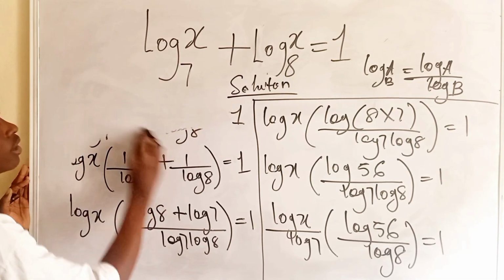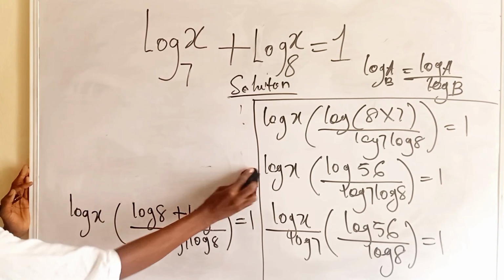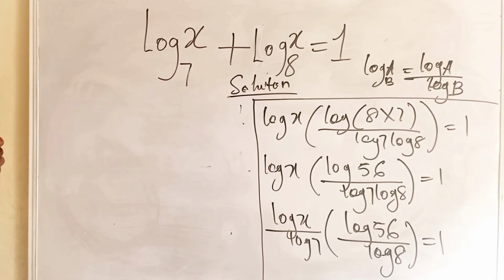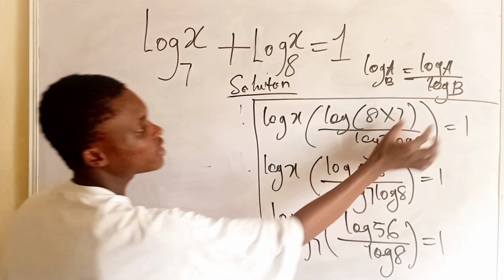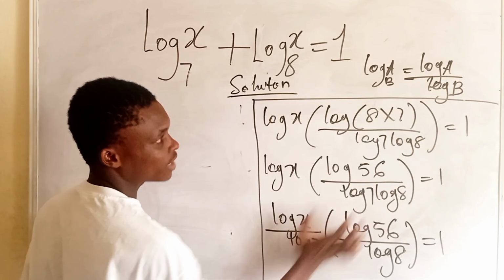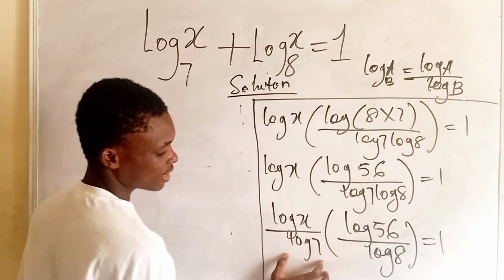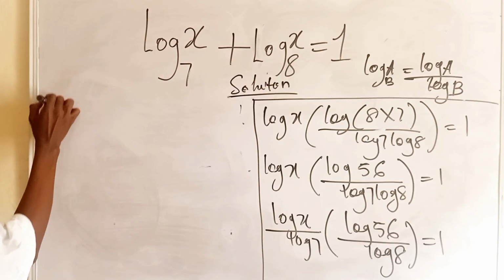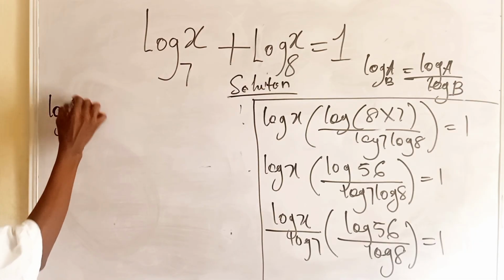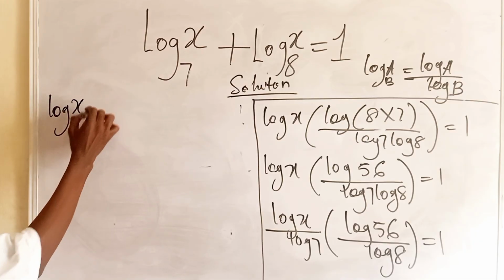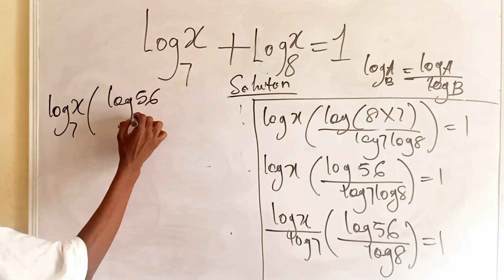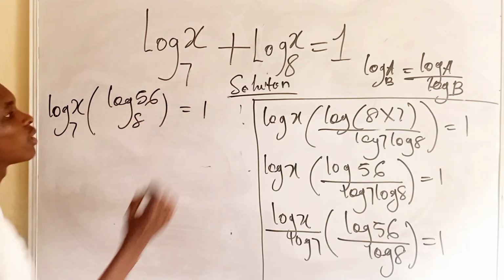So clearly, we can interpret this back to the first thing we had. So log x over log 7 is like this now. This here is looking like this. So let's interpret it like this now. If we interpret it, we'll have log x base 7 into bracket log 56 base 8 equals 1.